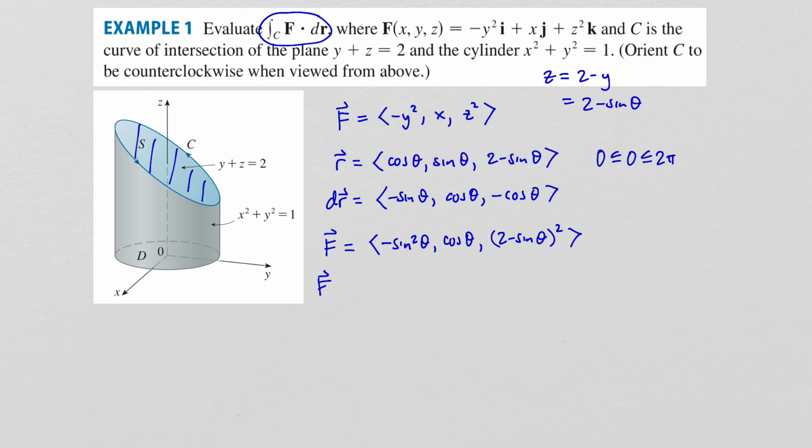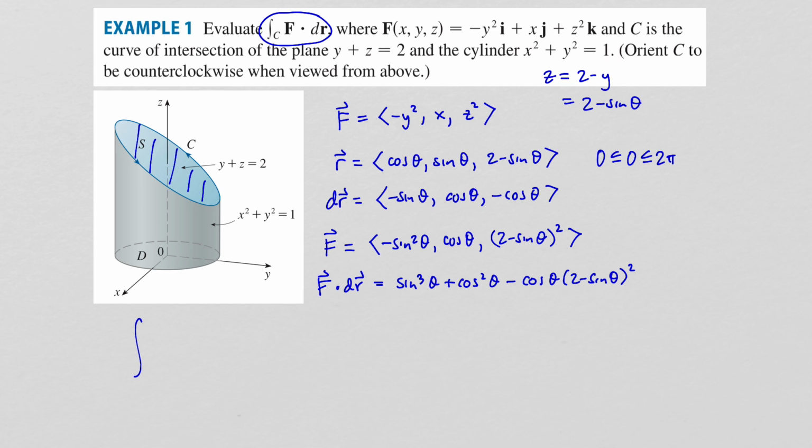So F dot dr is negative sine squared theta times negative sine theta, which is sine cubed theta. Then we have cosine theta times cosine theta, which is cosine squared theta. Finally, negative cosine theta multiplied by this is negative cosine theta times 2 minus sine theta squared. So that is our function.